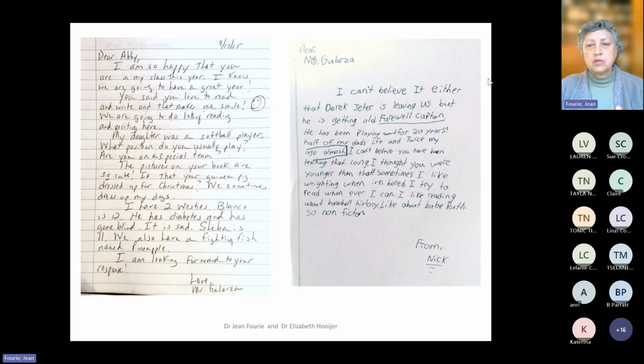So here's an example, on the other side, of some other dialogue journal, and this is the child's response, and the child says, "Dear Mrs. whatever her name is, I can't believe it either that Derek is leaving us, but he is getting old. Farewell, Captain."